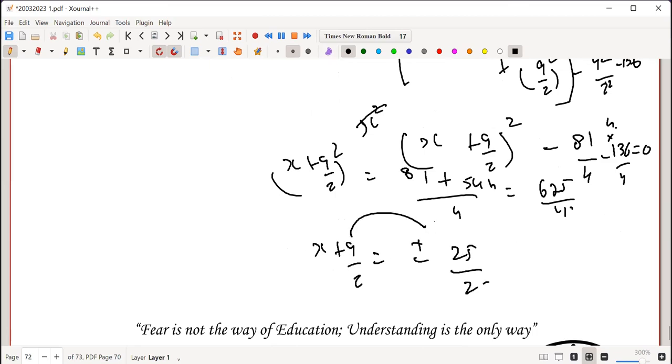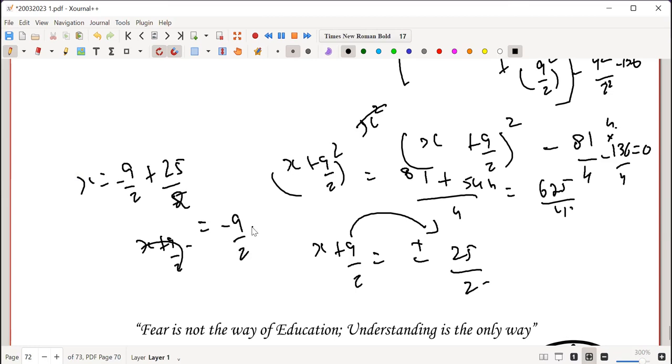So when I take this x plus 9 by 2, x equal to minus 9 by 2 plus 25 by 2, minus 9 by 2 minus 25 by 2.